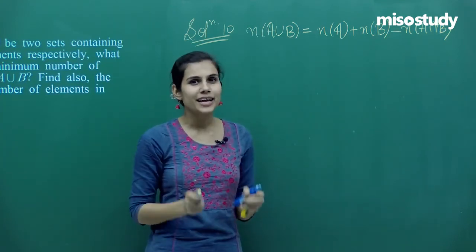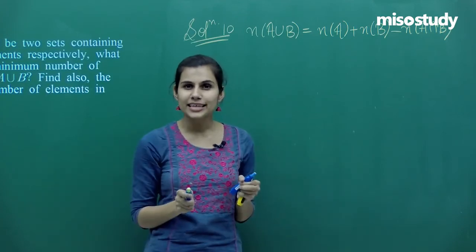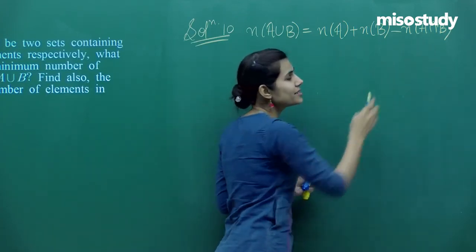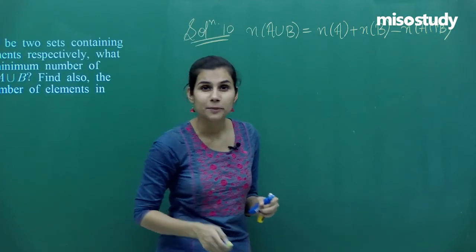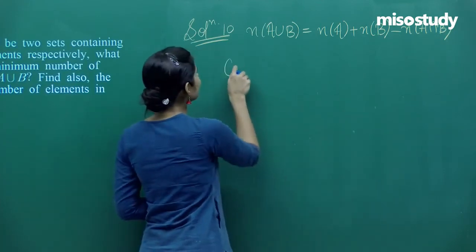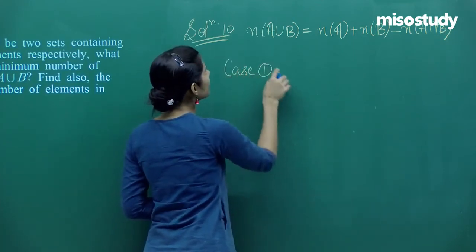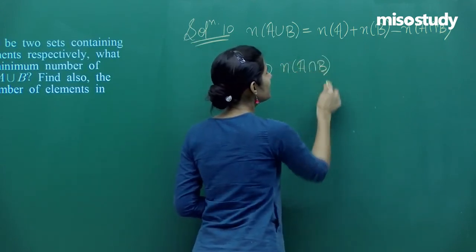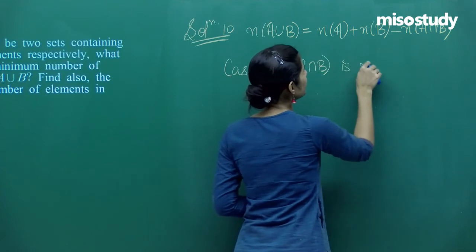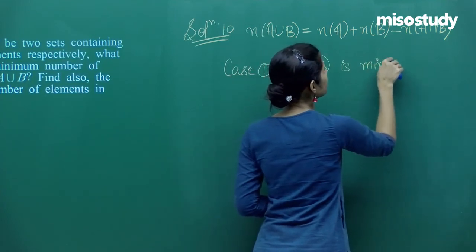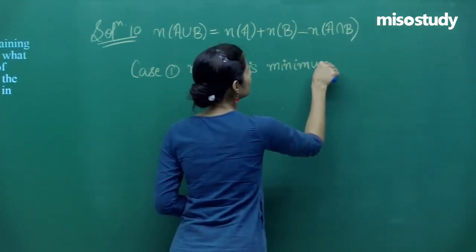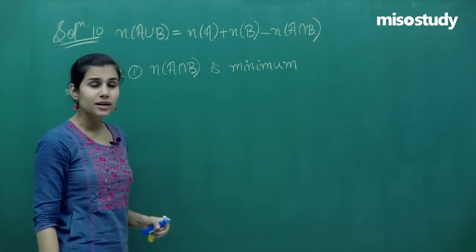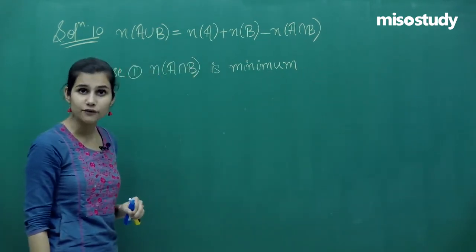In order to obtain the maximum number of members in A union B, the number of members in A intersection B should be minimum. So, if I take my case 1, where the number of members in A intersection B is minimum, what is the minimum number that A intersection B can have?